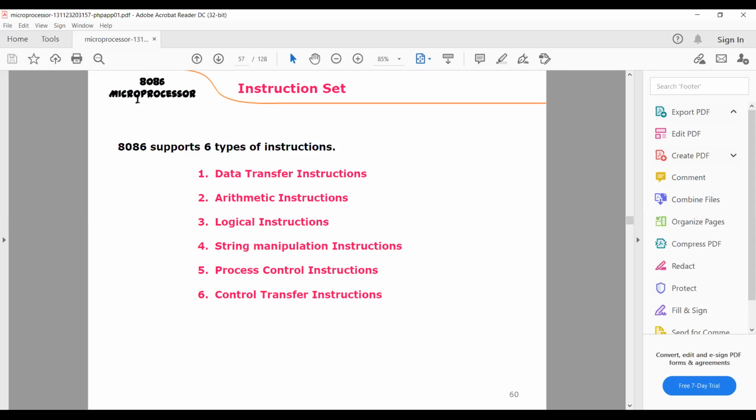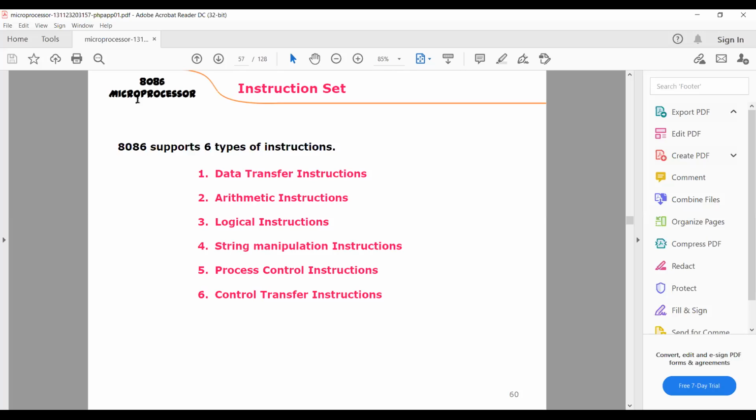Each and every microprocessor will have a specific instruction set for it. Intel Pentium processor will have a different instruction set. Intel Core processors will have a different instruction set. Intel Dual Core processors will have a different instruction set.